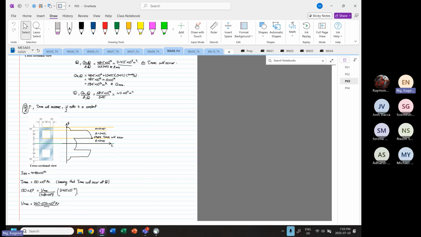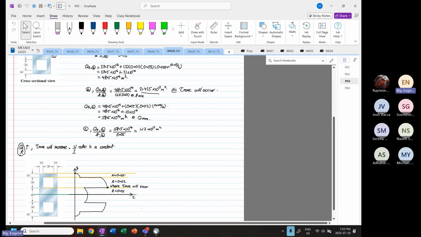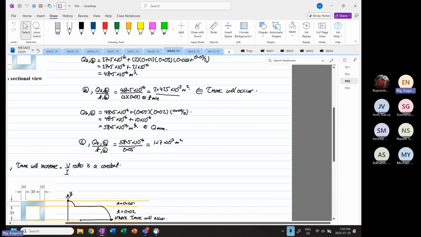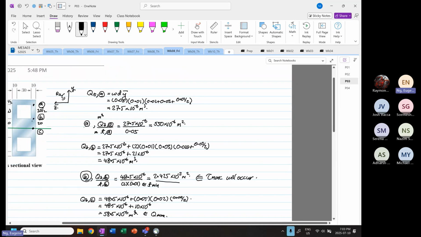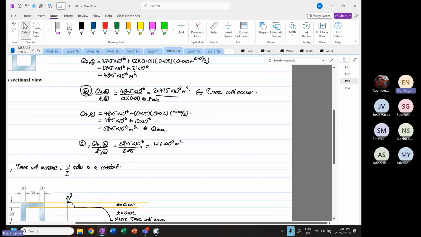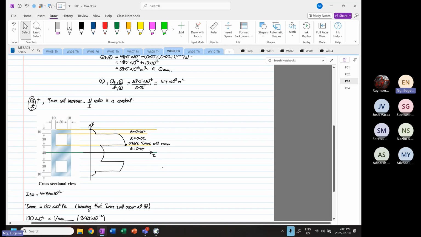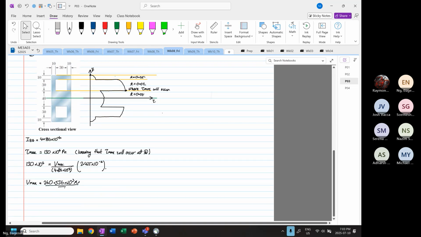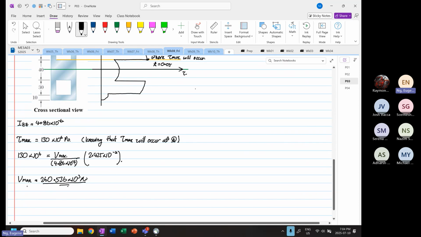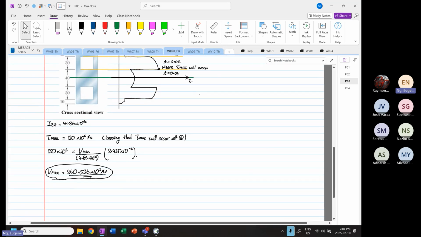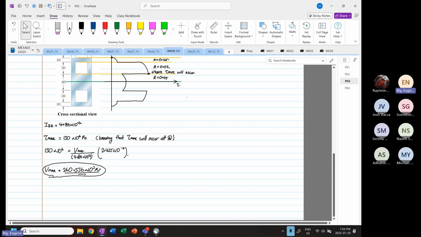From there we discovered that the highest Q/T ratio is at point B, which is at this point over here. With our Q/T at point B, we found our Vmax, which is 260.536 times 10 to the power 3. That's what we did the last time.